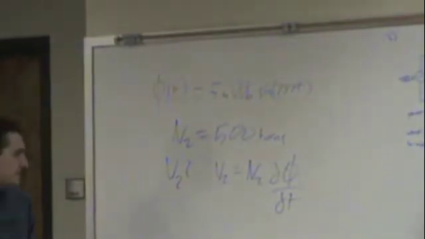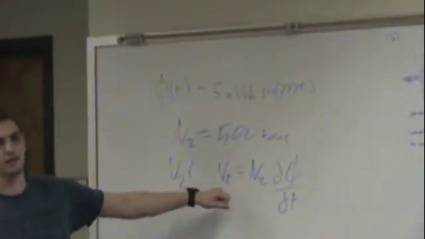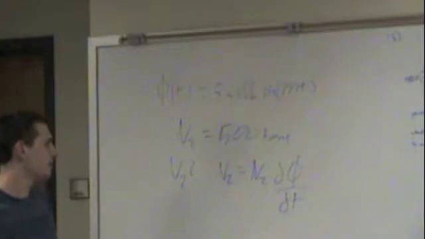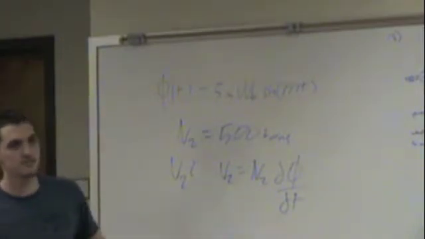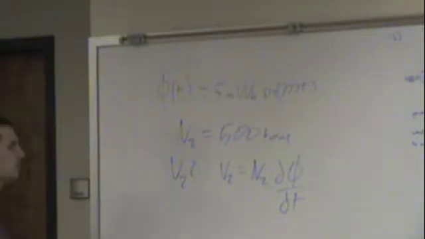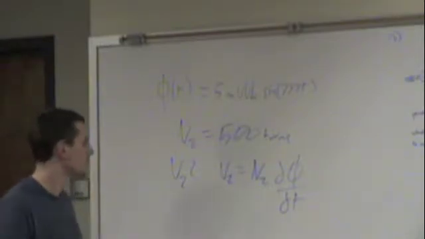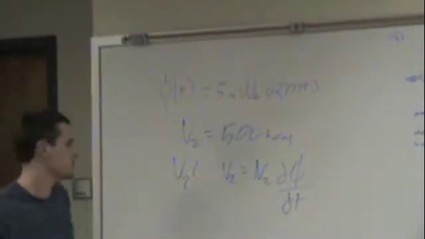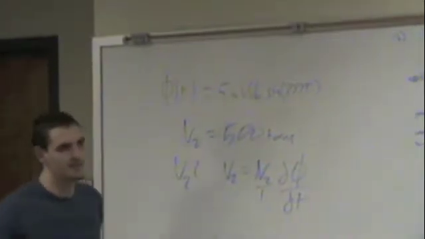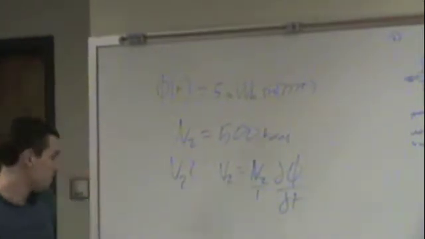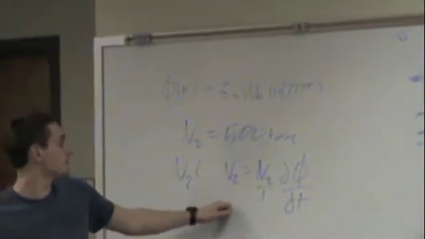The difference between this and the formula that we know is the number of turns, which is actually the turn ratio. I believe we're assuming that the turns on the first coil is just 1. So it's N2 over 1.